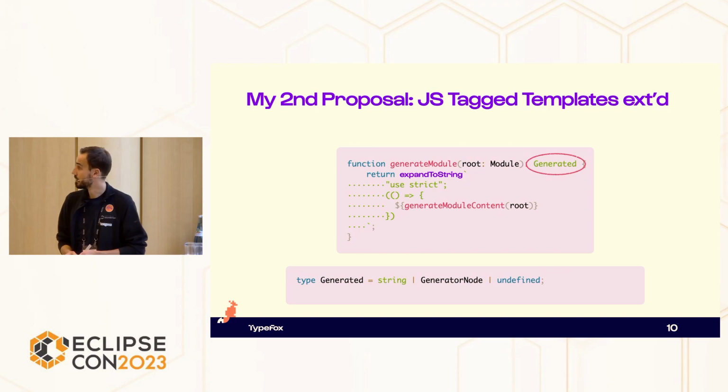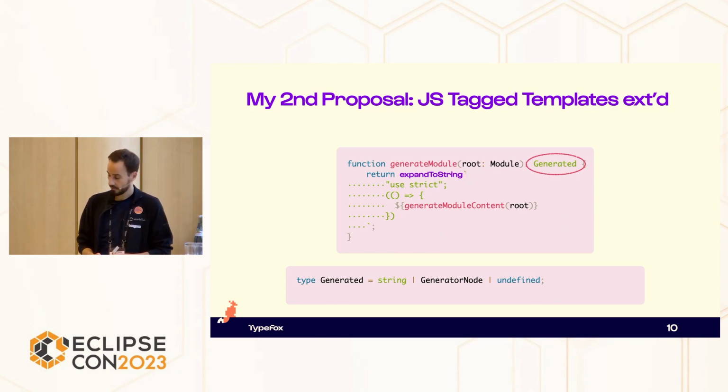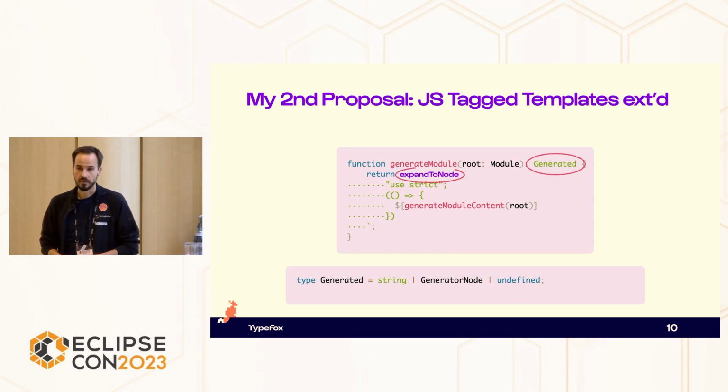And in order to let our function produce this kind of generated thing, maybe the tag function expand to string is not really suitable. Let's build a new one, expand to node.